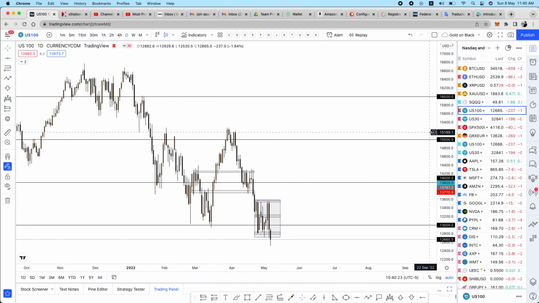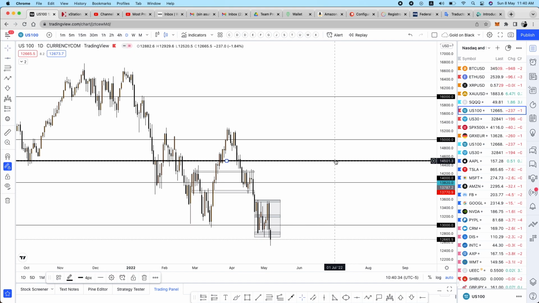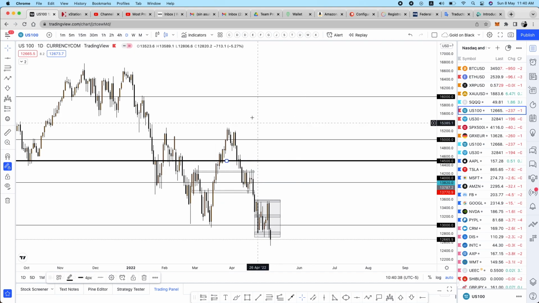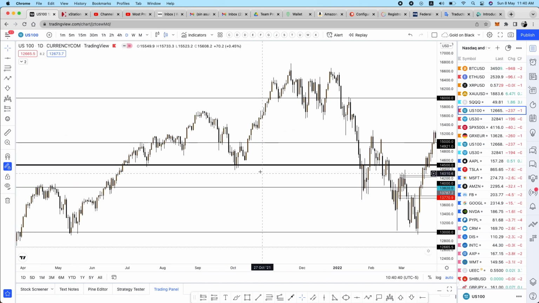If you want to go, for example, between the 14,000 and the 15,000, you may also want to highlight the middle of that, which is the 14,500. I am sure you're going to find other reactions in that zone. There we go. On the 14,500, in the middle between those, that's another psychological level, so you can also use that as well if you want.